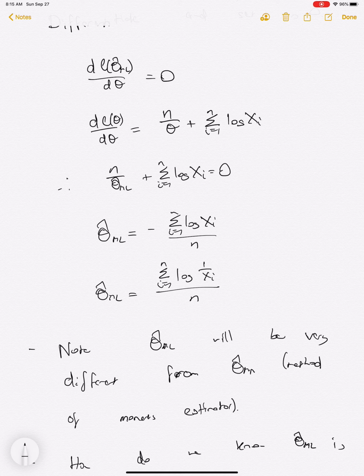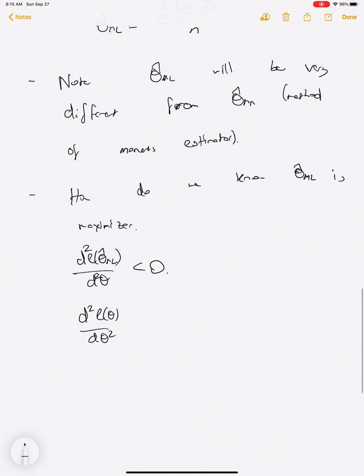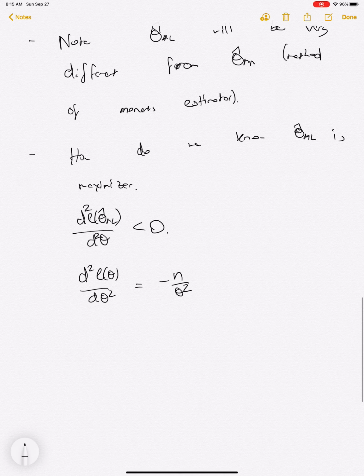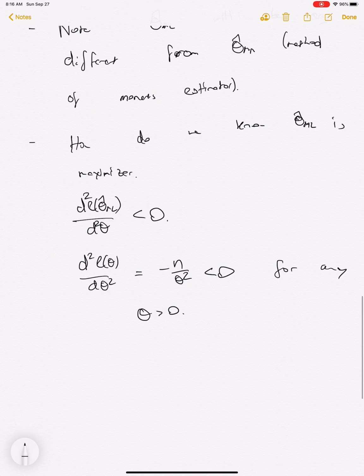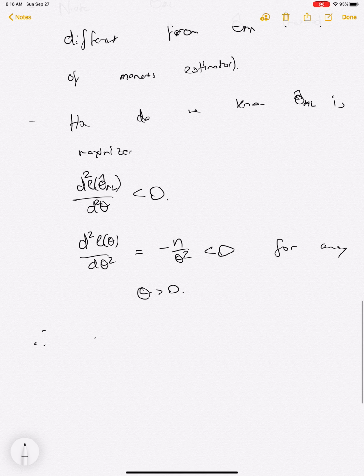The first derivative is n over theta plus this sum of the logs. So the double derivative, d squared L over d theta squared, is just negative n over theta squared, and that's clearly going to be less than 0 for any theta bigger than 0. So you can see that this is certainly a maximizer. Therefore theta hat ML is a maximizer of the log likelihood or likelihood.